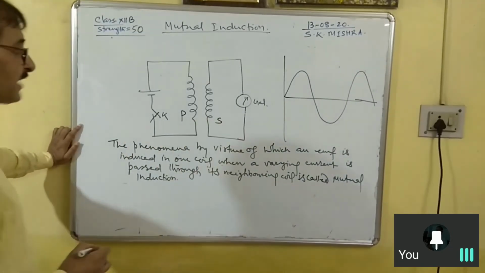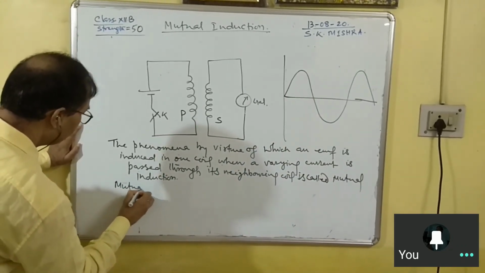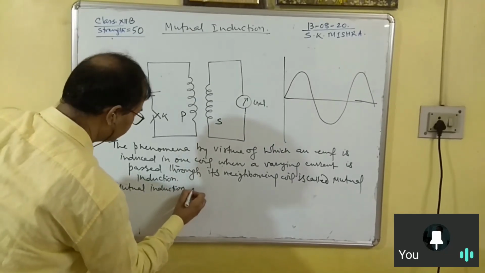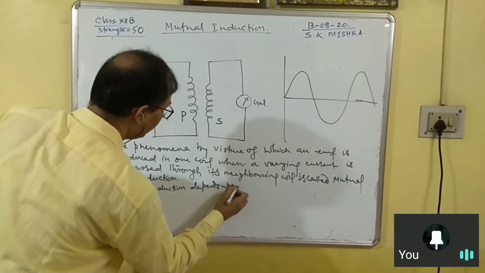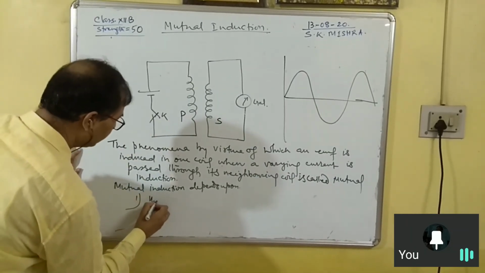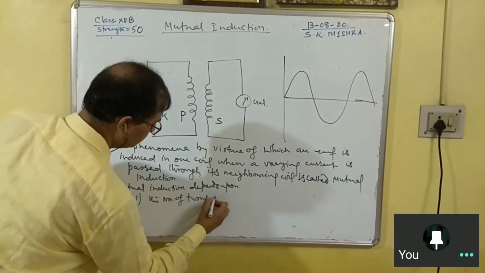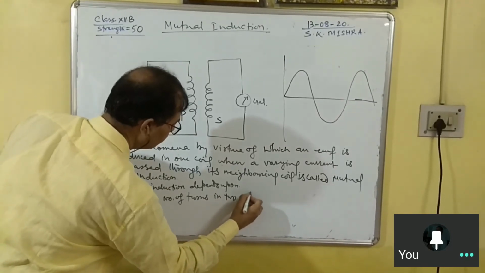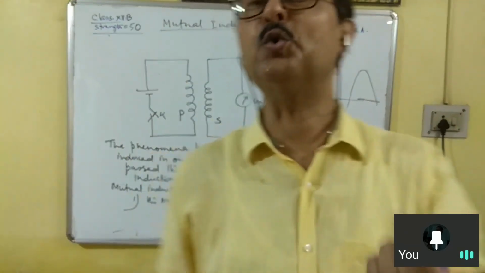Now mutual induction depends upon the number of turns in two coils. The word mutual is used, and that's why you need two coils.